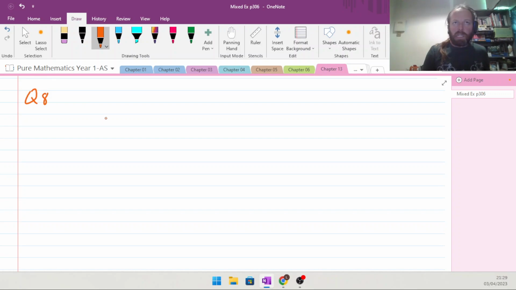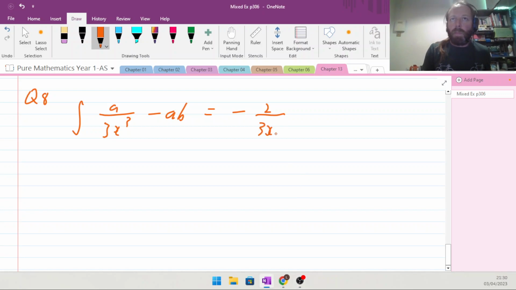Question 8 states that the integral of a over 3x to the 3 minus ab is equal to minus 2 over 3x squared plus 14x plus c. Find a, b, and c.